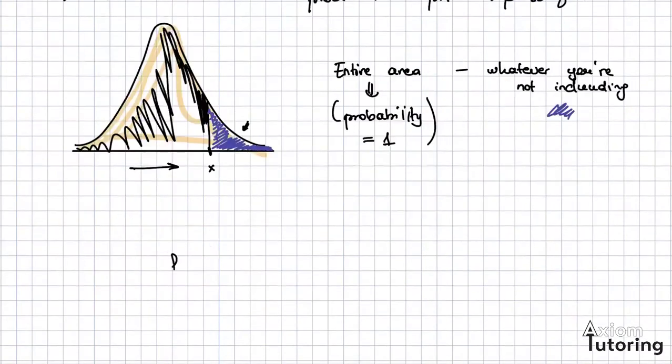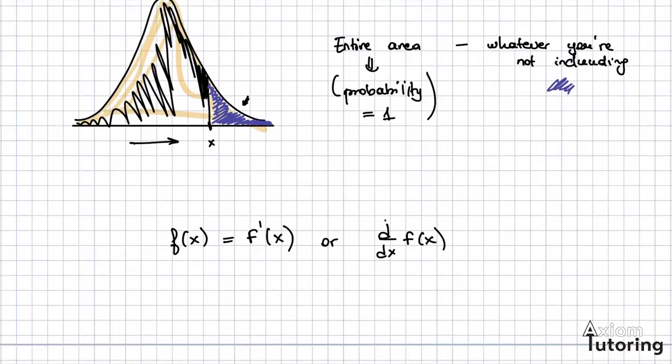So your PDF is the function that you find out of finding the derivative of the CDF. So you can write it as d over dx of F of x, or you can do the opposite and find that the CDF, which again is the probability that you see values smaller than your x, is just the integral of your PDF function from minus infinity until x.